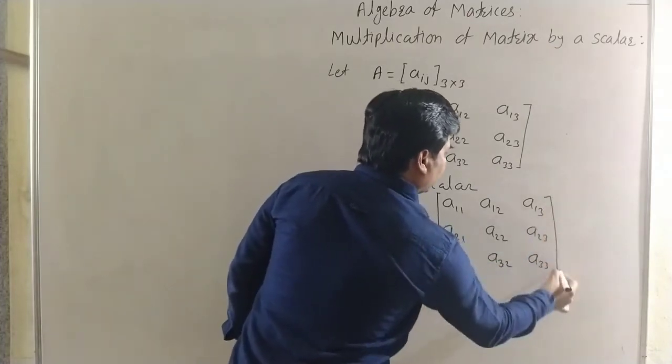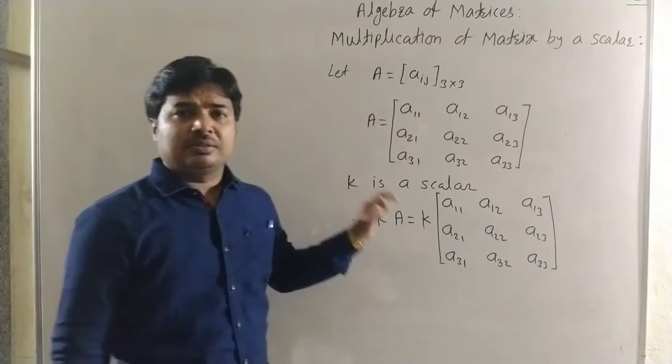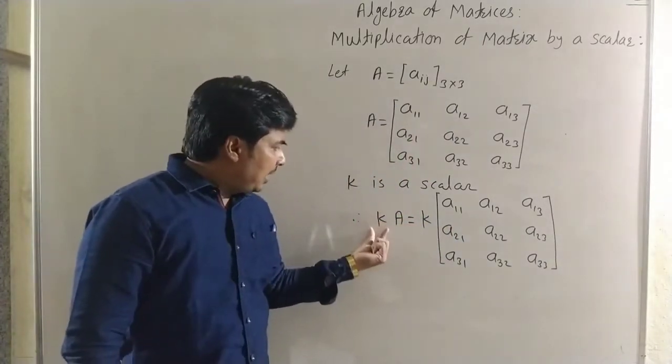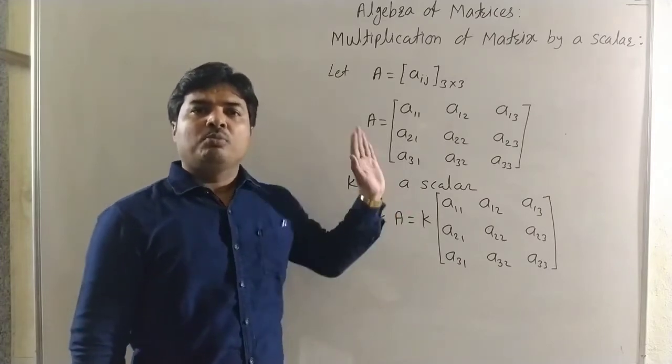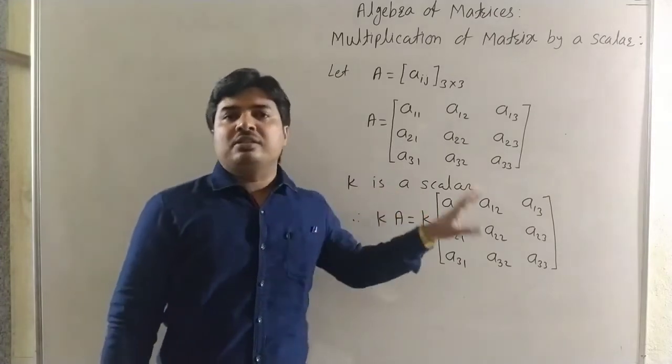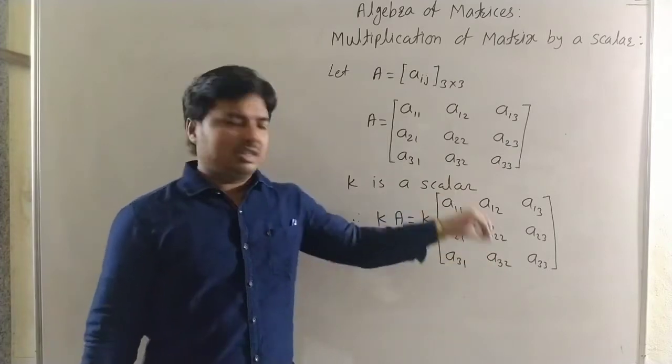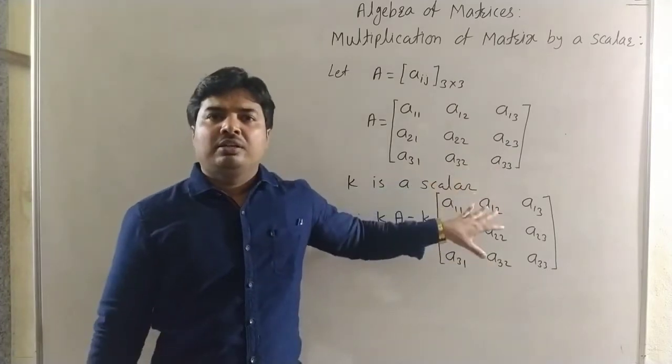Here the scalar multiplication of the matrix is that we multiply the matrix A by a scalar K. That means we multiply all elements in the matrix by the scalar K.